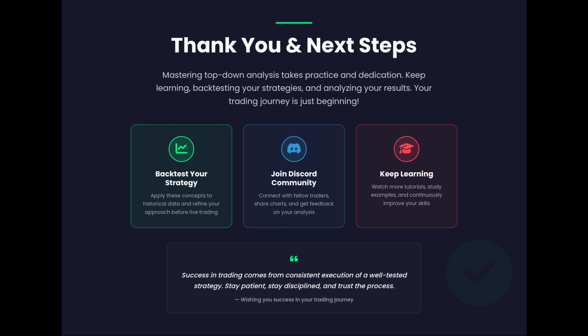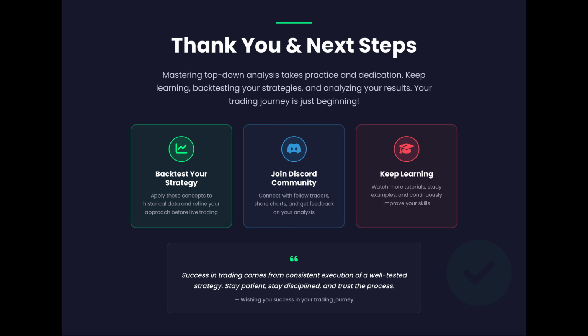Keep learning. Trading is a lifelong educational journey. Markets evolve, your understanding deepens, and there's always another layer of sophistication to explore. But whilst you continue learning, maintain consistency in your approach. Don't constantly switch strategies. Refine and improve within your established framework.